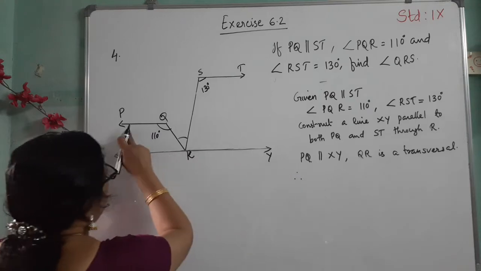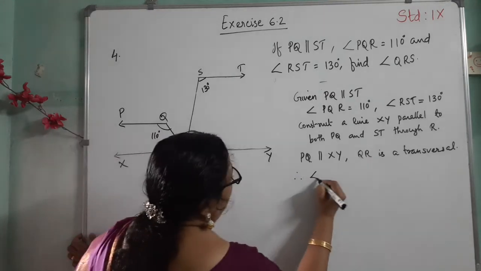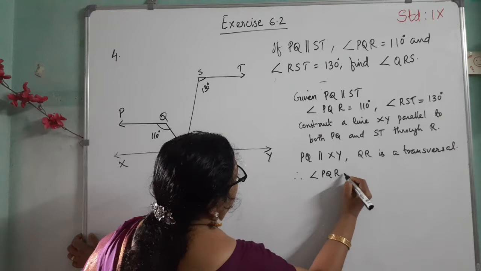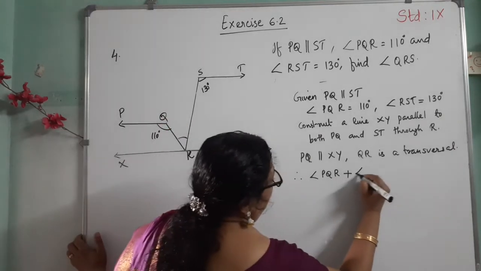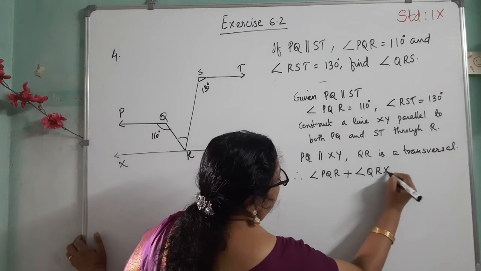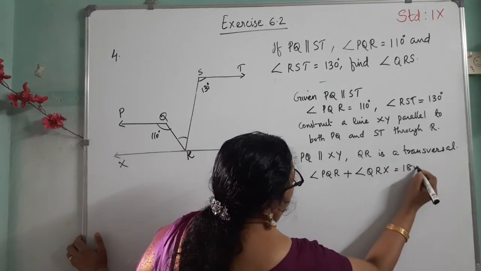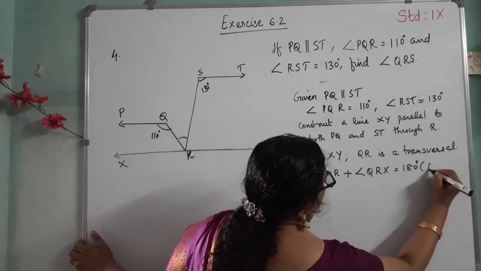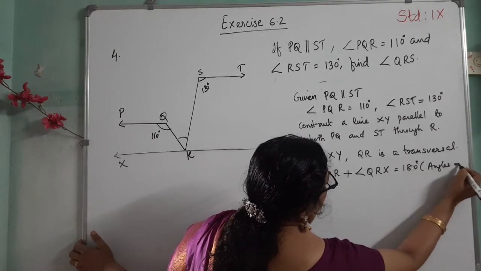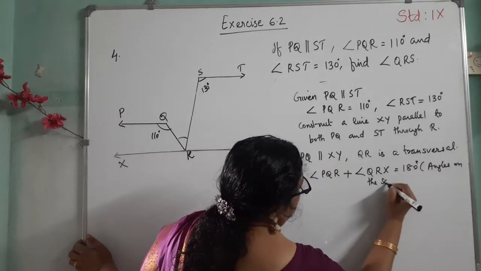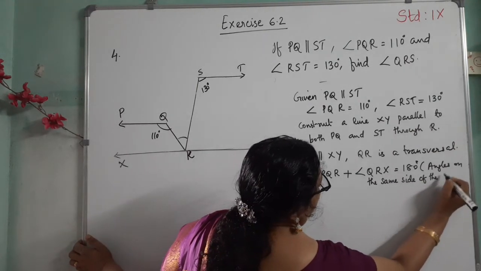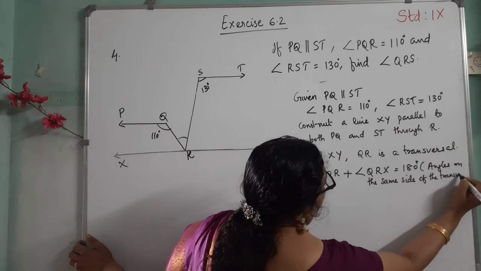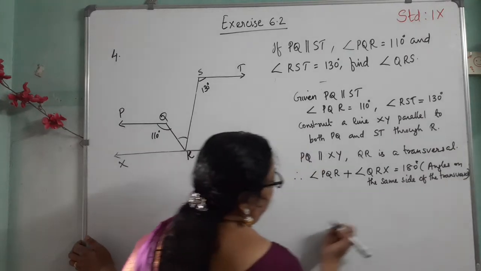Then we can write angle PQR plus angle QRX equals 180 degrees, that is, angles on the same side of the transversal, or co-interior angles.